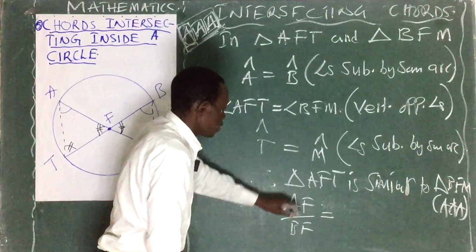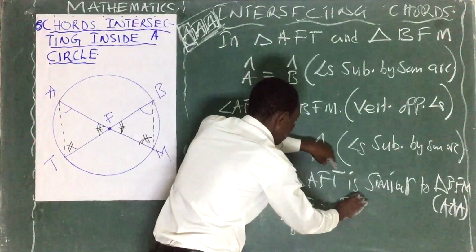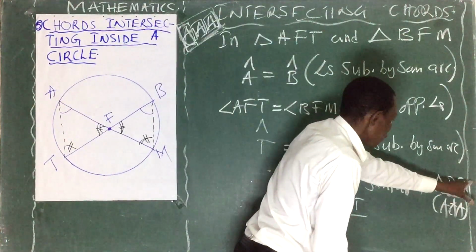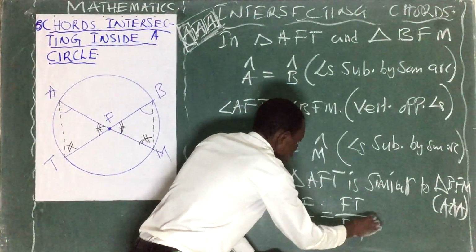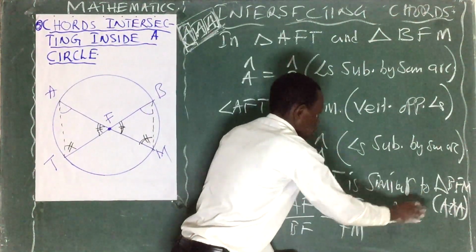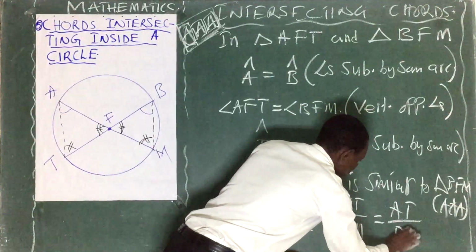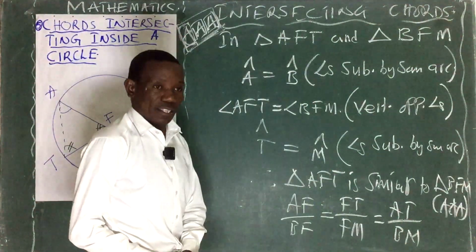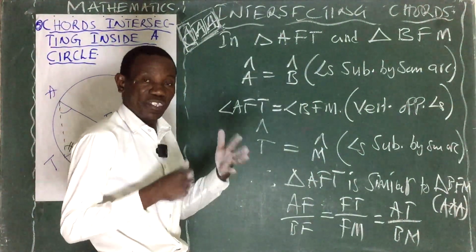This must be the same as FT to FM, and then AT to BM. You follow the order of the letters because the triangles have already been proved to be similar.